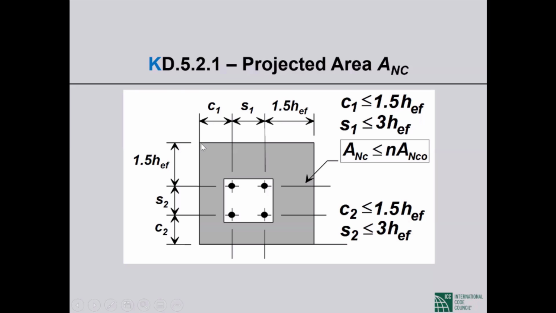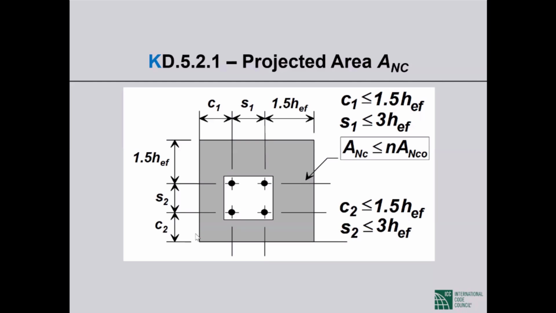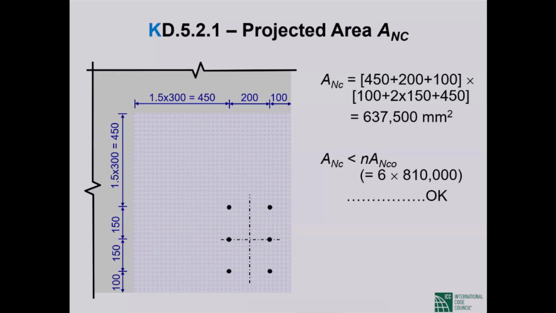In our case, we have a group of 6 anchors here. These distances we know: 150, 150, edge distance 100. This way, the edge distance would be 1.5 times our embedment depth, which is 450 millimeters, because we have plenty of concrete this way. Along the x direction, edge distance of 100, spacing of 200, we have all kinds of concrete to the left, so we take 1.5 times the embedment depth, which is 450 millimeters.